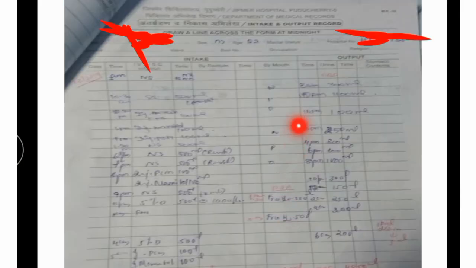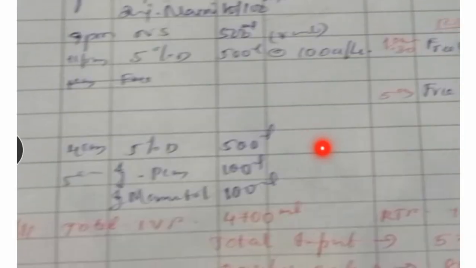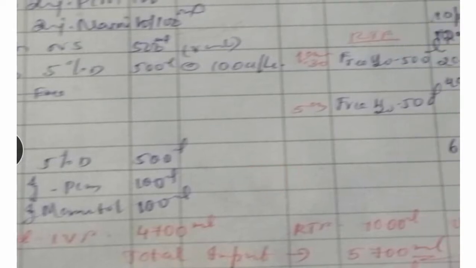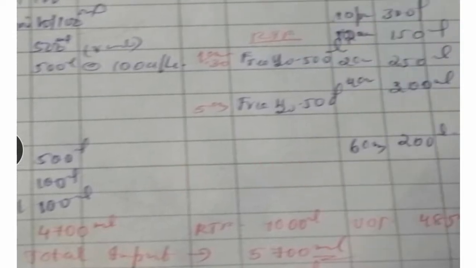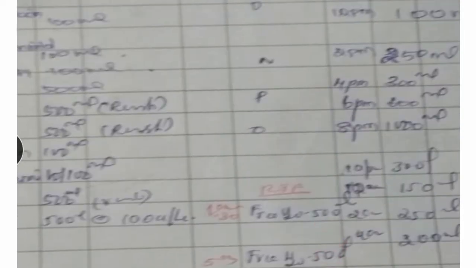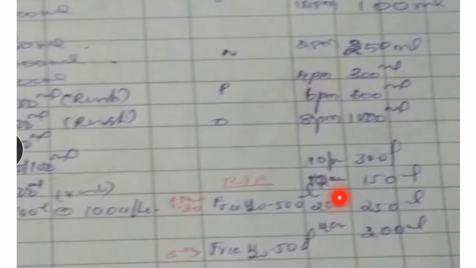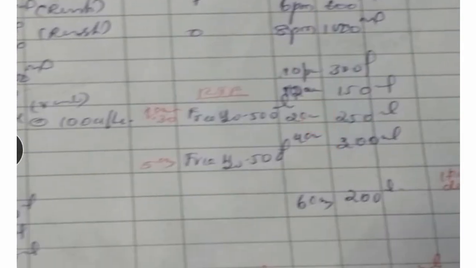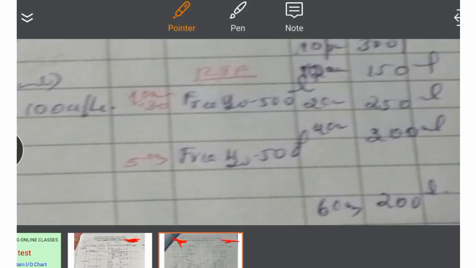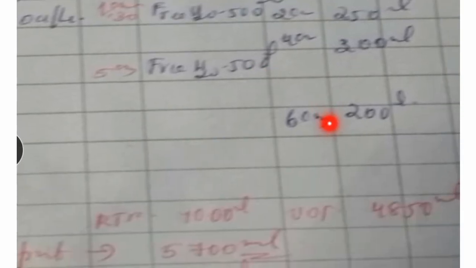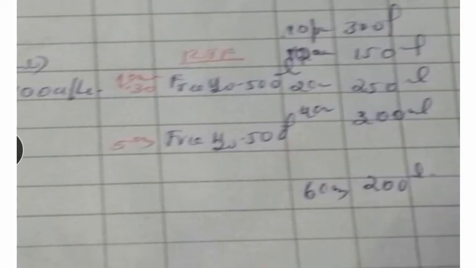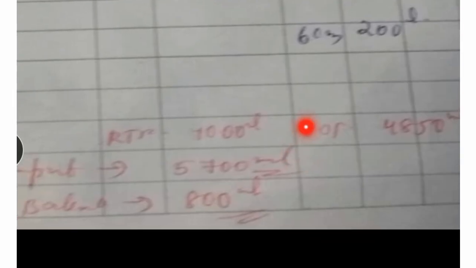Like in this chart you can see total IVF 4700 ml, and by RT, Ryle's tube feeding. By RT they have given some feeding, like 500 ml water after they started feeding, and 500 ml water again, like this.